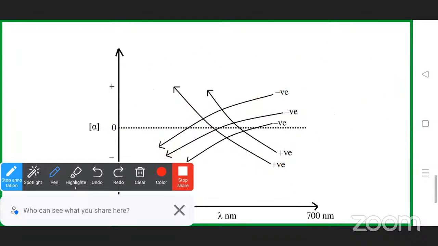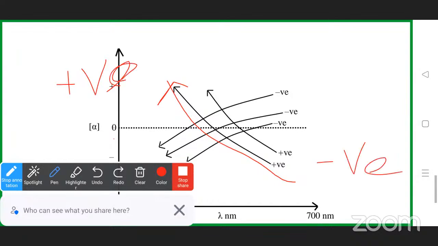So from top to bottom, you see this curve is passing from bottom to top by crossing the zero rotatory axis here. Relative to this zero rotatory axis, the above lobe, or the above plane, is called the positive phase, and the below one is called the negative phase.